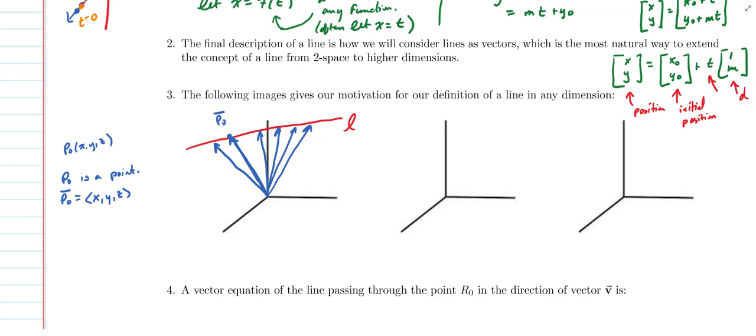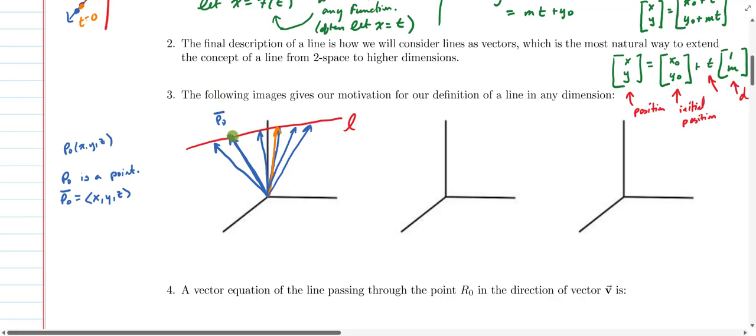Then let's think of any other vector in this collection that gives us a line. So let's think of this vector right here. We can think of this orange vector that I drew as the result of taking the vector P naught and adding some other vector to it.